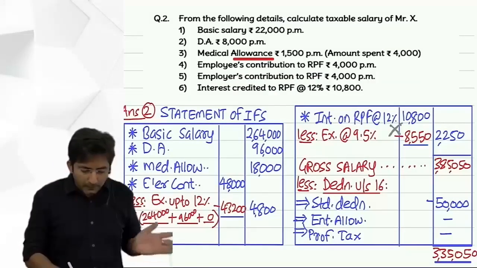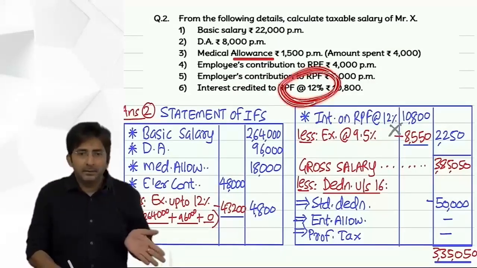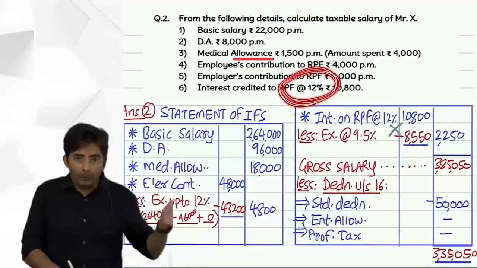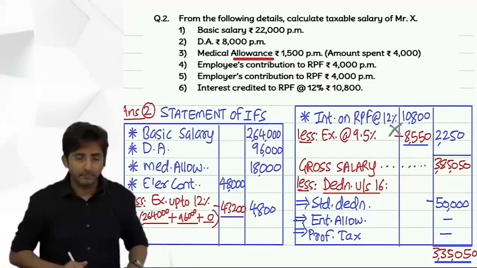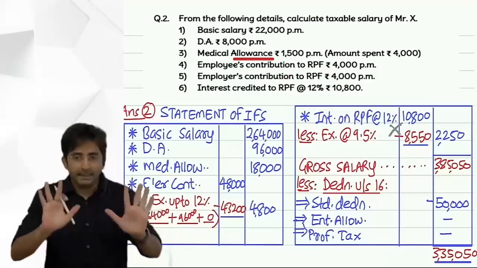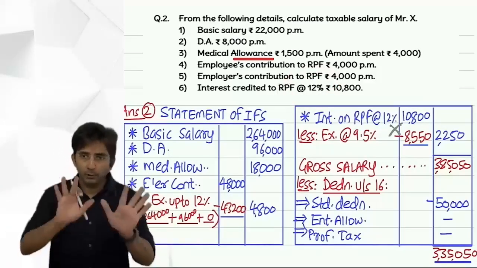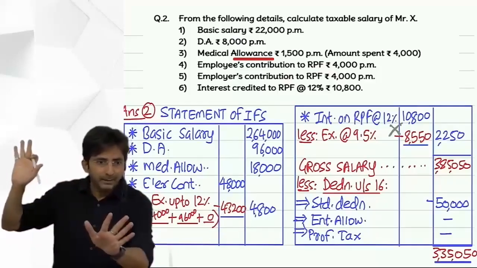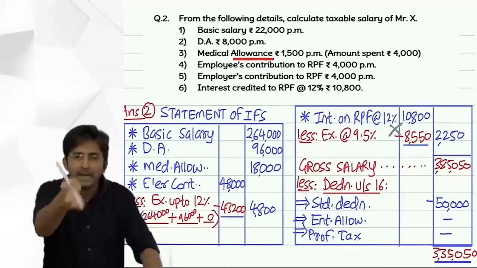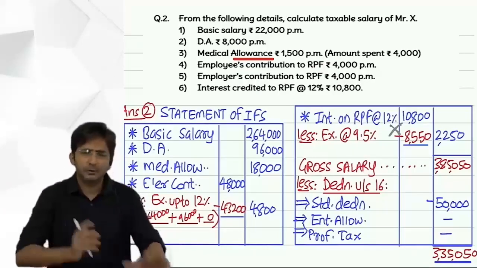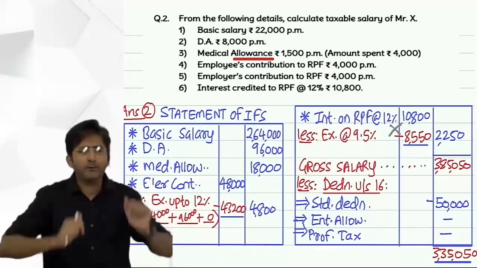This 12% was unrealistic. No company will have a Provident Fund where you will fetch interest of 12%. Be practical. In reality, you will also work in some company someday. In your Provident Fund also, in reality, you will hardly get 8-9% interest. It is always below 9.5.